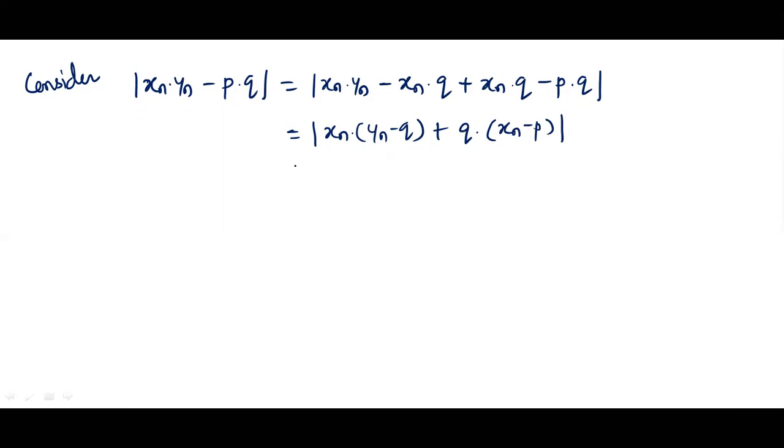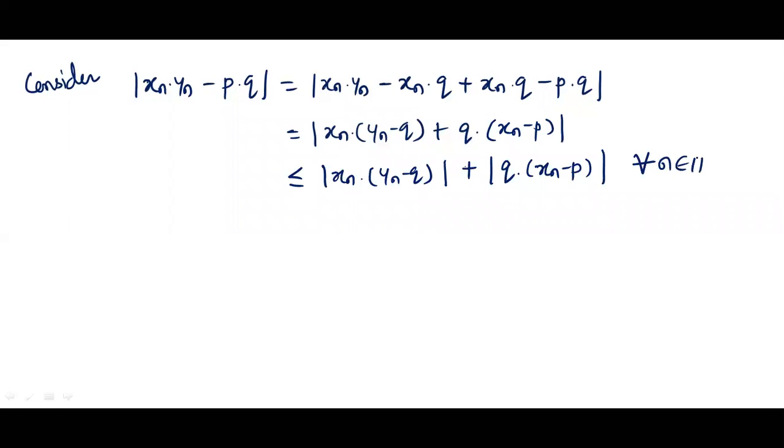By triangle inequality, we can write right hand side is less than or equal to mod of xn into yn minus p q plus mod of q into xn minus p. Note that this is true for any natural number n. Means now we have mod of xn into yn minus p into q is less equal mod of these two terms.